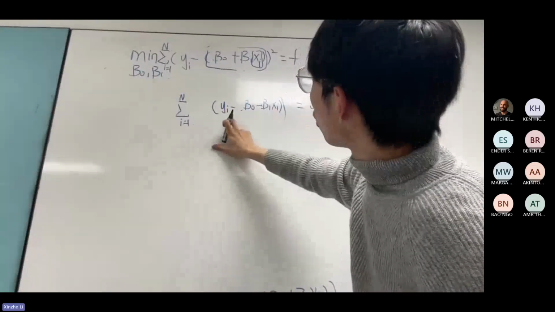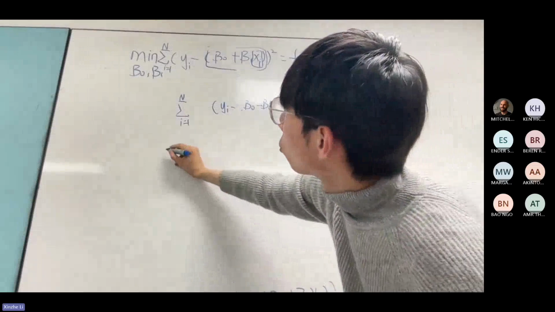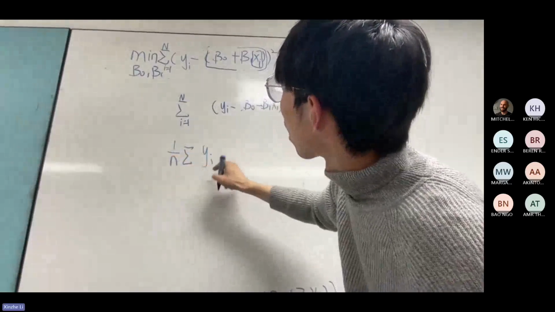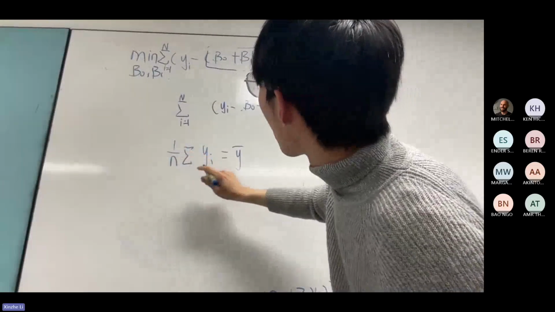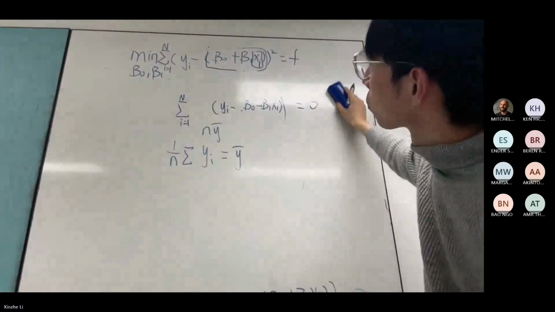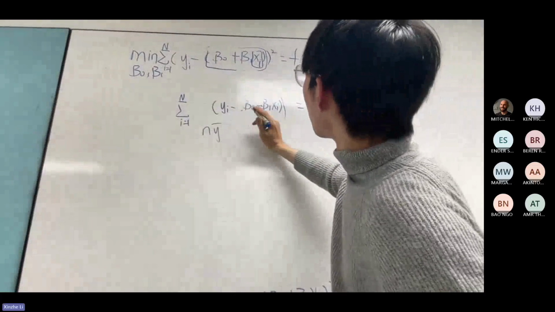What's the summation of yi? Anyone know? The average of y is y bar, so the summation of y equals n y bar, right? So now here is n y bar.